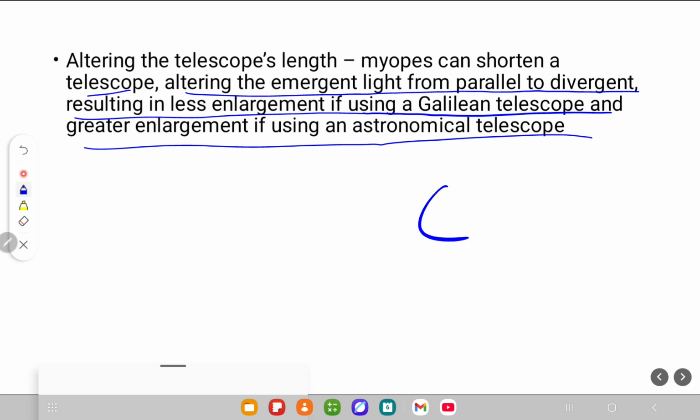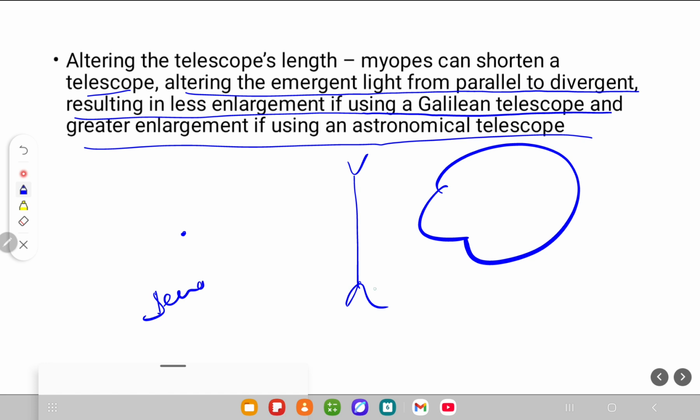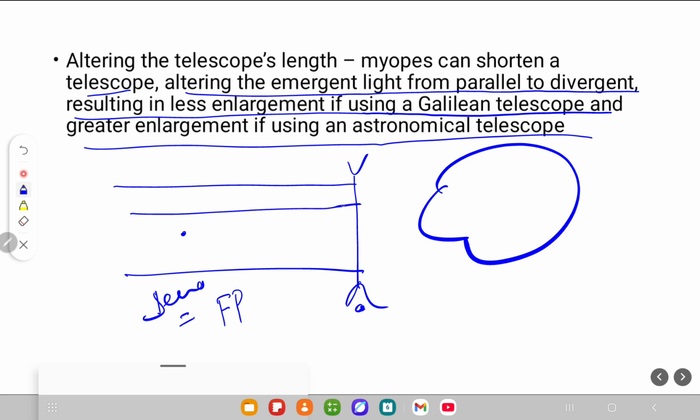See, this is our eye, and if you are myopic and you are putting this glass, its secondary focal point is somewhere here. And what is the principle? The secondary focal point of this glass must coincide with the far point of the eye, so that light comes from infinity, it diverges, and it is focused here.